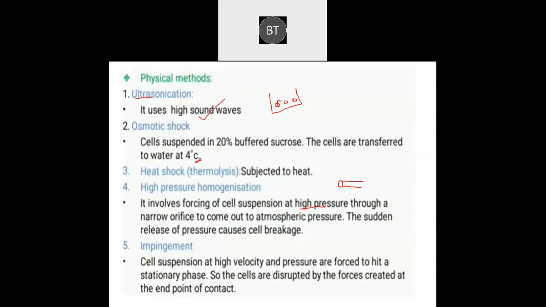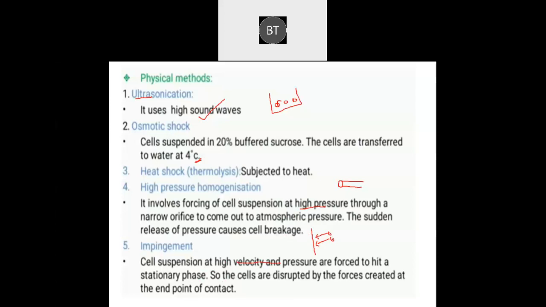The next one we have is the impingement method. Here, the cell suspension at high velocity and pressure is forced to hit a stationary phase. So you have a stationary phase, and your cells at very high velocity and pressure are forced to hit it.